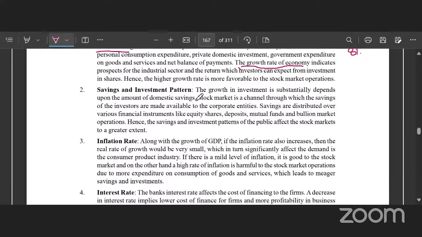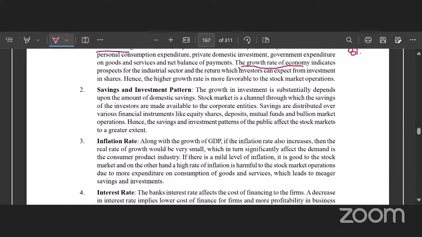So when people plan to save their salaries or their income, a part of the savings will move towards investment. So it's always good to see that people have the tendency to save, because they do not keep savings idle. Instead, they start investing part of the savings in the capital market.